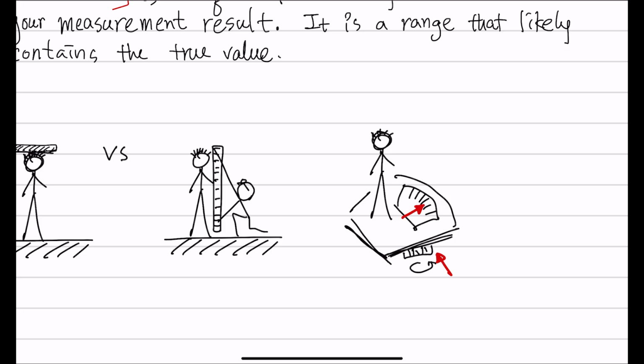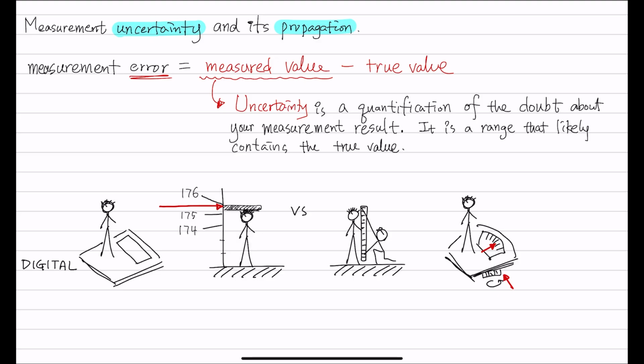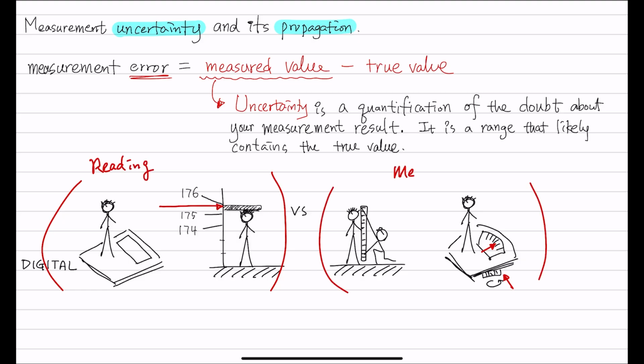So you're doing this twice. This is something you are involved in there. So we can call these as reading and these as measurement, like that.